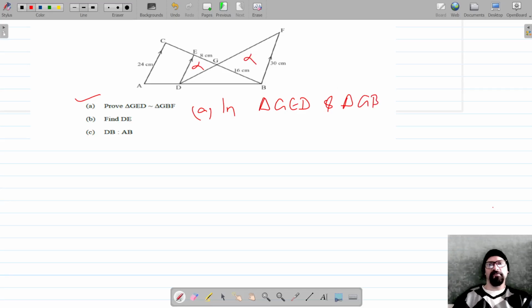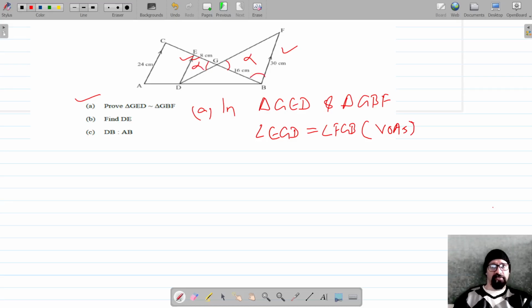So angle EGD is equal to angle FGB, because these are vertically opposite angles. Next, these lines are parallel, so ED is parallel to BF, which means we can take either pair of alternate angles.